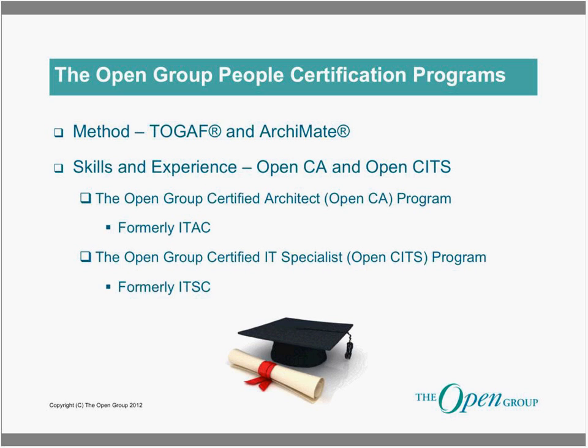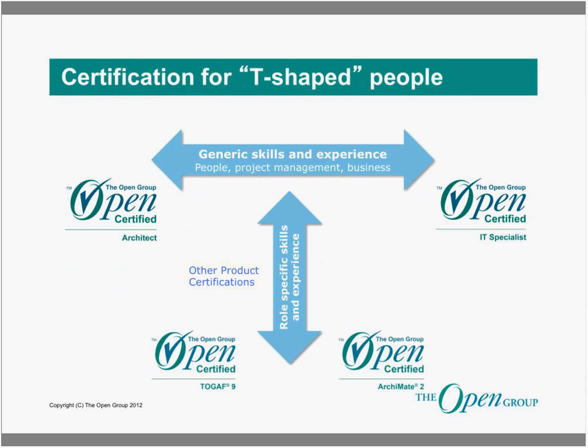One is for architects, formerly known as ITAC, and one for specialists, formerly known as ITSC, and they're about completing application packages and being interviewed by your peers about your skills and competencies. We'll get some more detail as we go on.